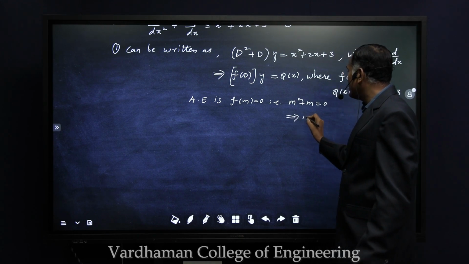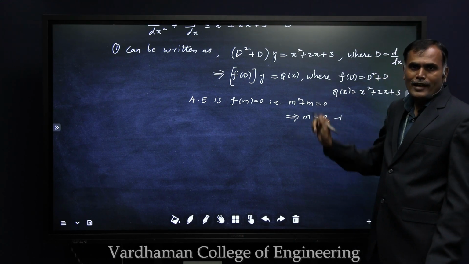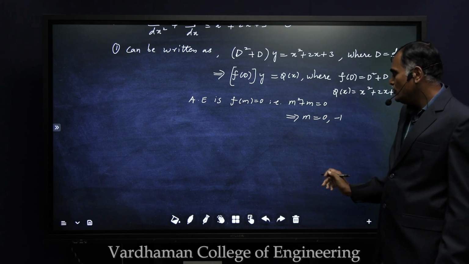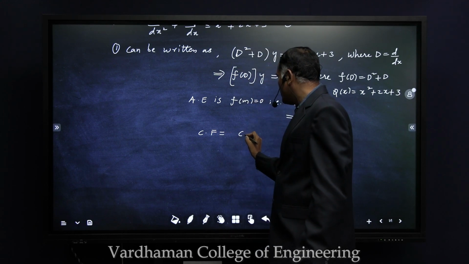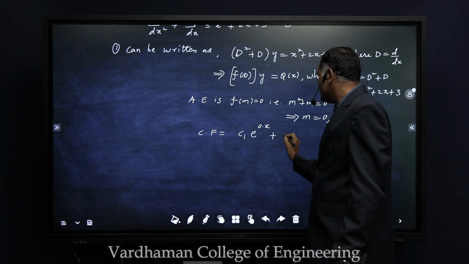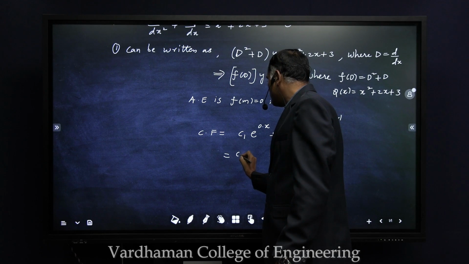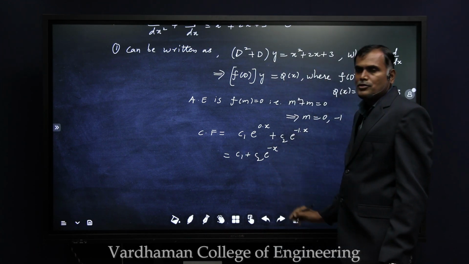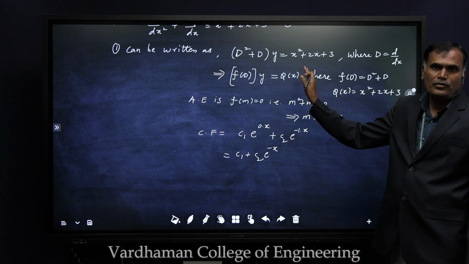By solving this quadratic equation, we get 0 and minus 1 as roots of this auxiliary equation. Clearly these two roots are real and distinct. So the complementary function is given by c1 into e power first root plus c2 into e power second root. This is nothing but c1 plus c2 e power minus x, where c1 and c2 are arbitrary constants. Now this is the complementary function of this problem.